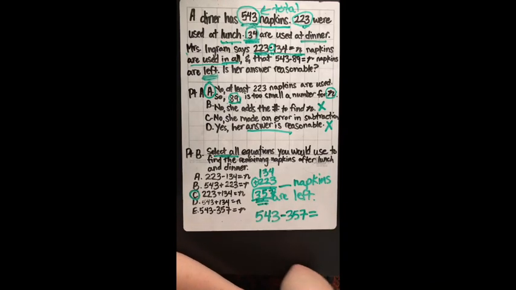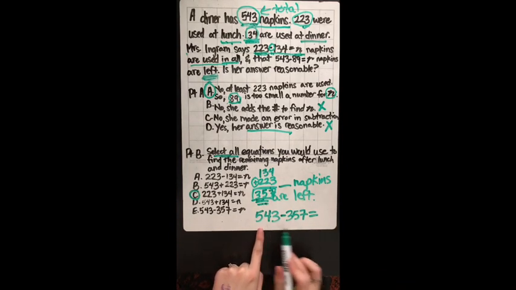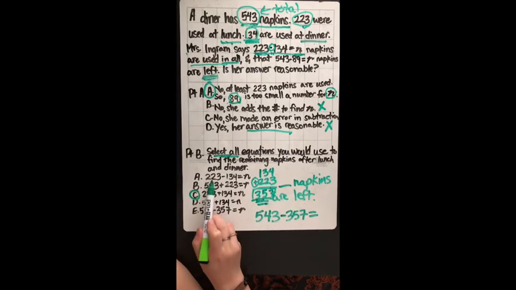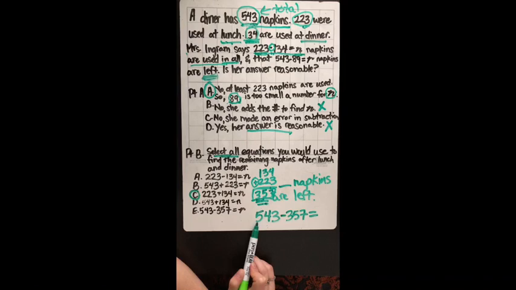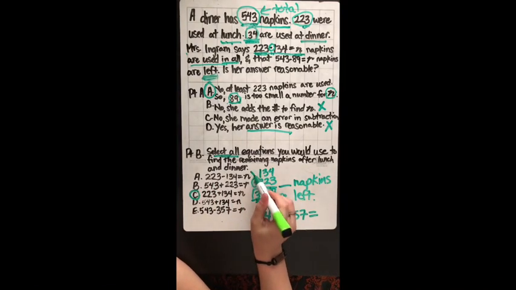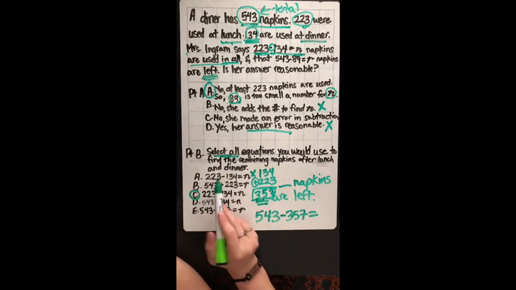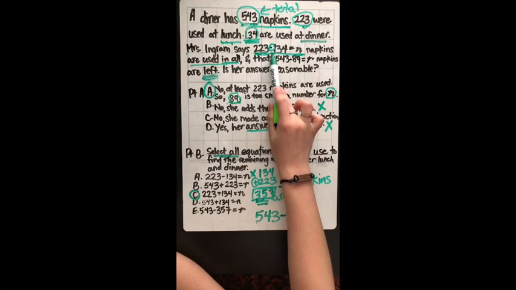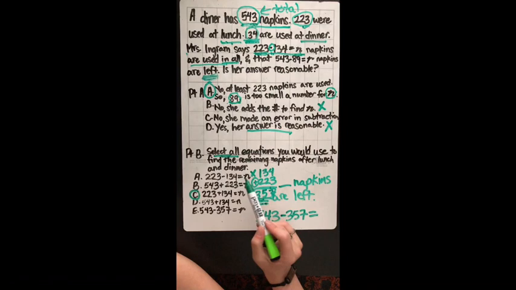Now, I'll tell you a secret. Technically, you don't have to find this answer. You don't need to do the subtraction. You just need to say, which one of these is set up correctly? Does this give us that second step? No, it does not. We know this one is wrong. This one subtracted our lunch and dinner totals just like Mrs. Ingram did, and we already said she was wrong, so we knew it had to be wrong.